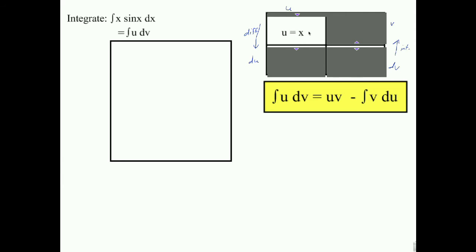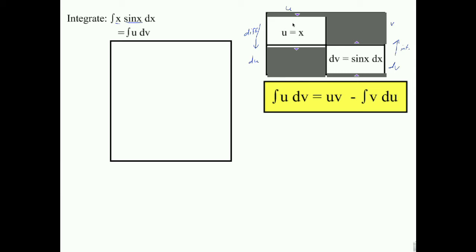So the first thing we do is fill in here. We're going to let u equal x, because we have two functions here, x and sine of x. Our choices are u equals x or u equals sine of x, and it seems like letting u equal x is the better one, which means down here for dv, we're going to let dv equal sine of x.